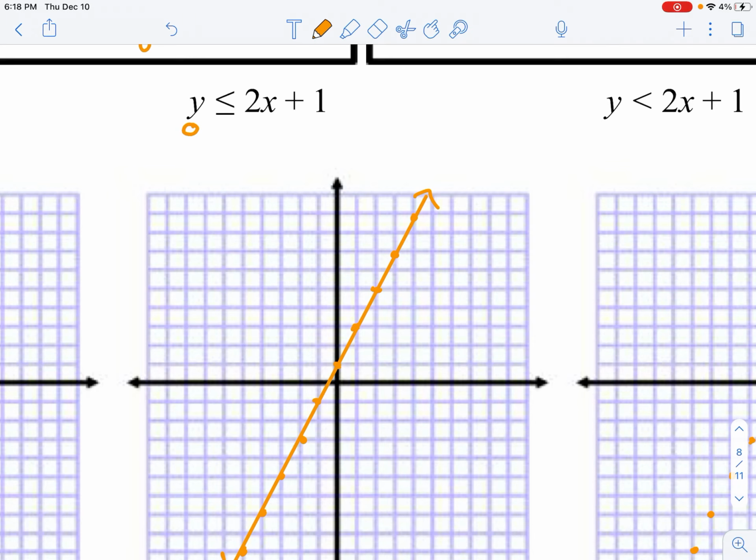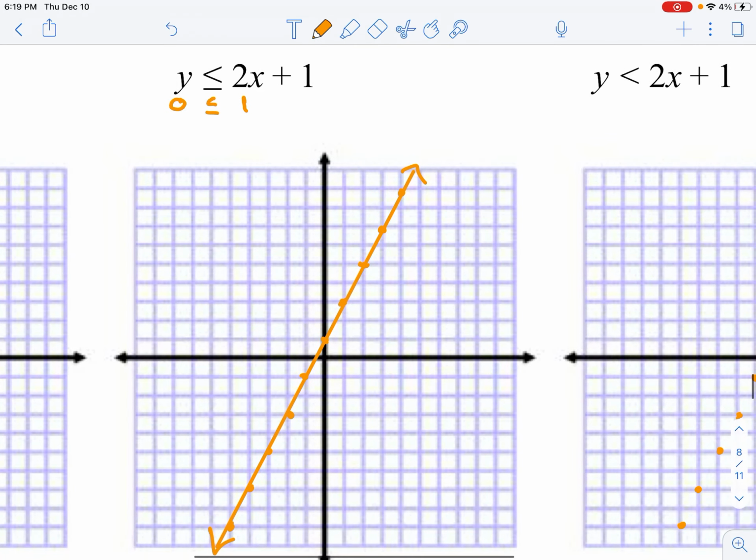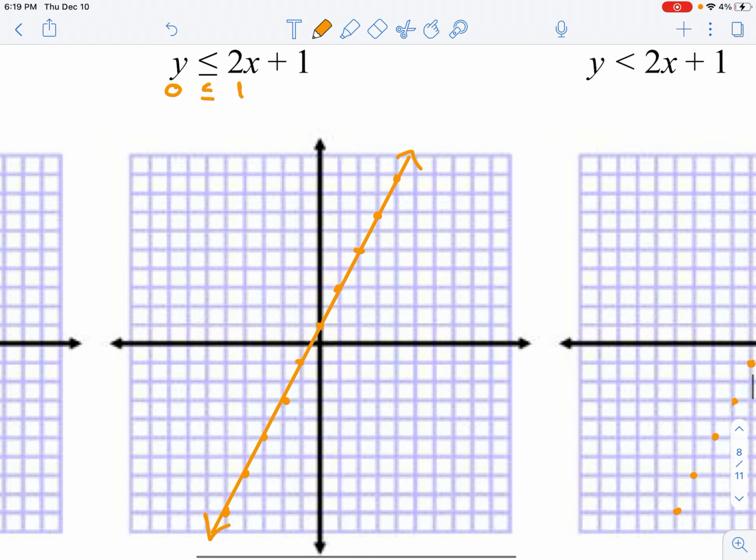I'm going to plug in a 0 for y, and a 0 for x. So there's me plugging in my 0 for y. If I plug in a 0 for x, it's going to be 2 times 0 plus 1. 2 times 0 plus 1 is 1. So then I just got to figure out, is that a true statement or not? In this case, that is a true statement. 0 is less than 1.